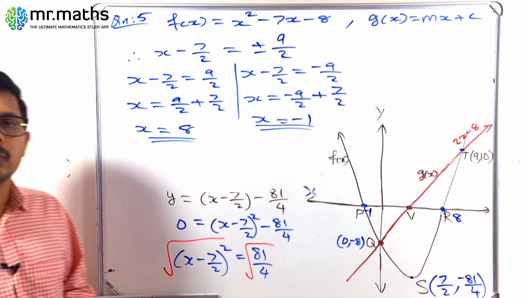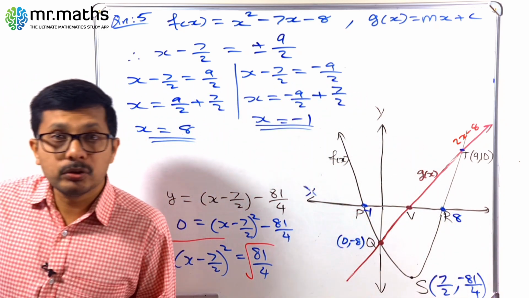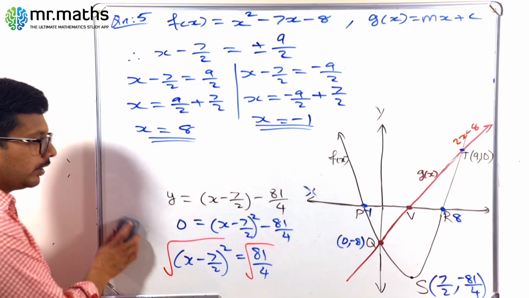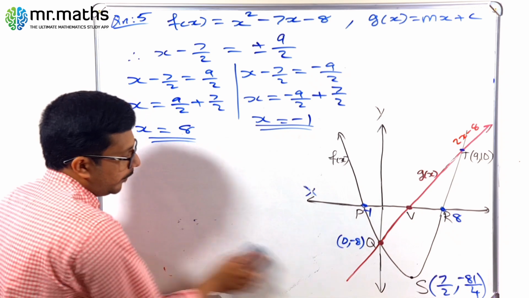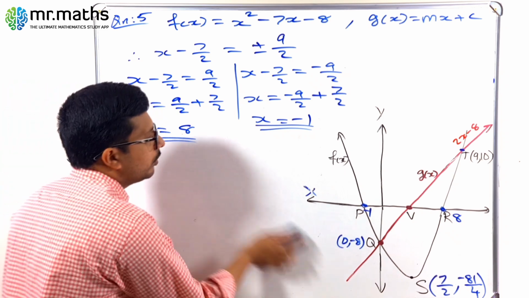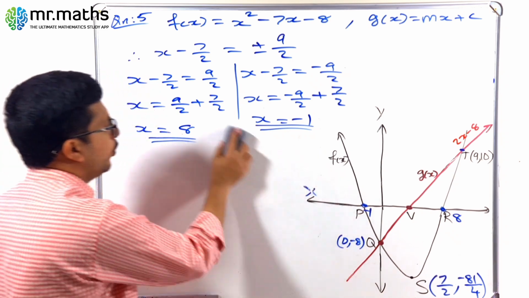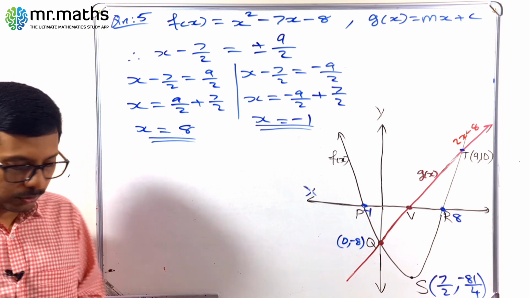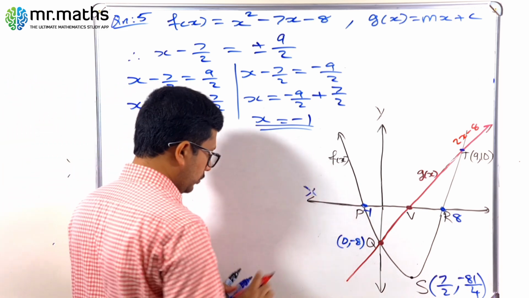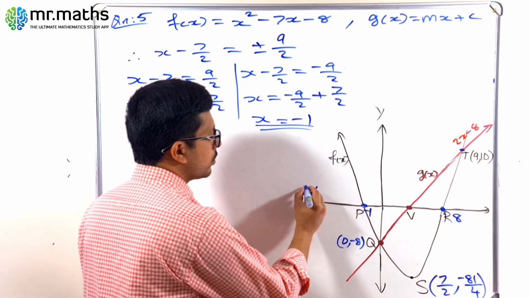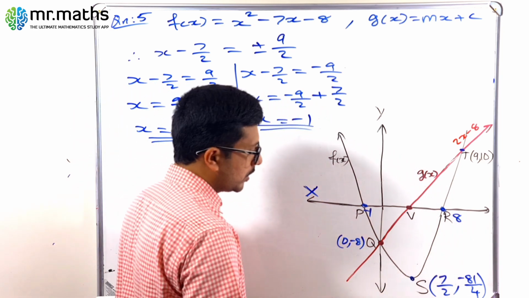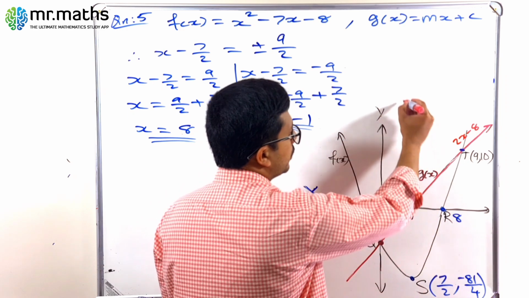Okay, now we are trying to find the coordinates of the turning point. So now you know, through the turning point the axis of symmetry is passing. Am I right? Through the turning point the axis of symmetry is passing. This is the turning point, and the axis of symmetry is passing through this turning point.